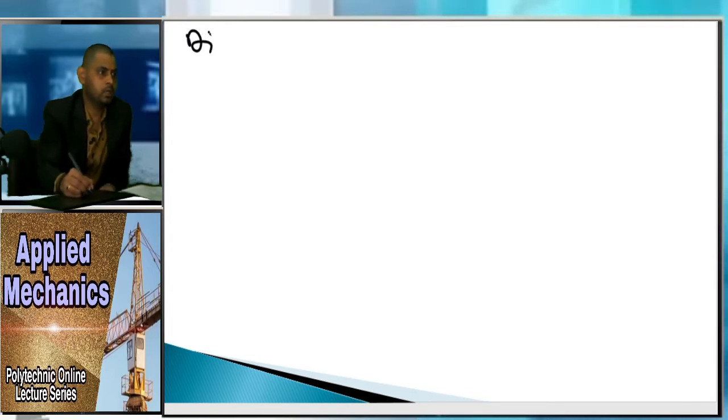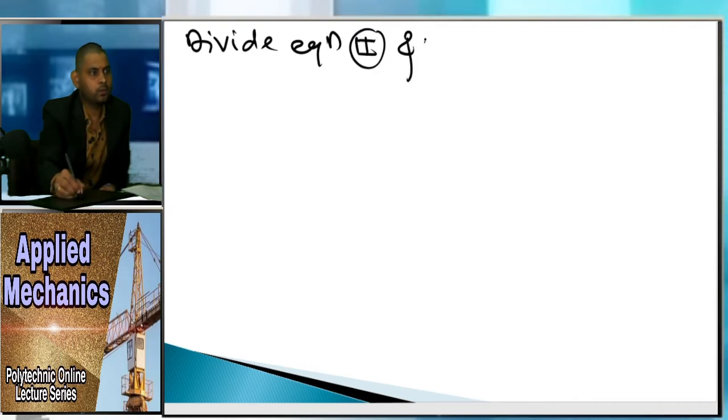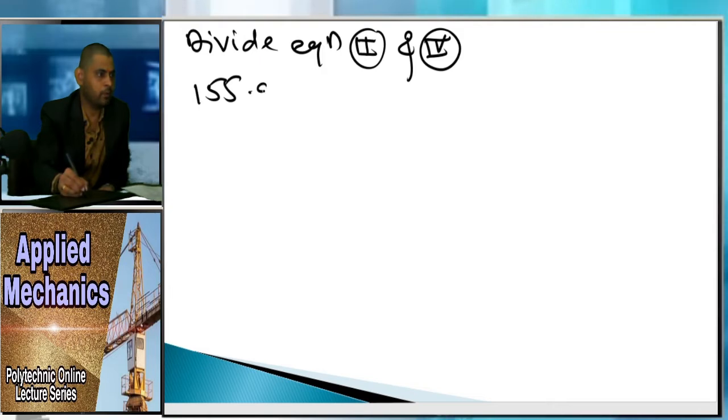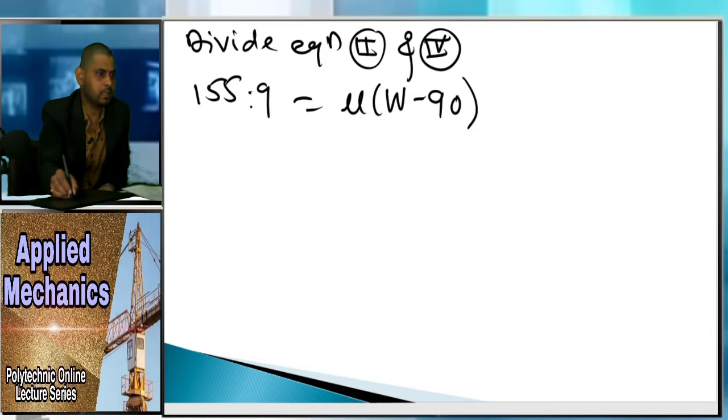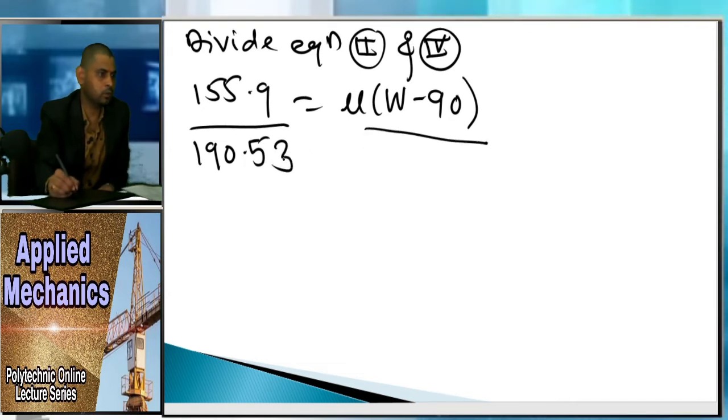Dividing equation 2 and 4: equation 2 is 155.9 is equal to mu into (W minus 90), divided by equation 4, 190.53 is equal to mu into (W plus 110). Here the mu will get cancelled.